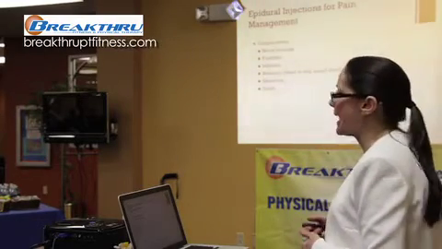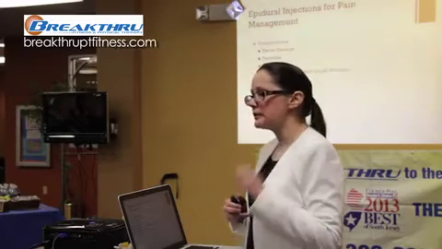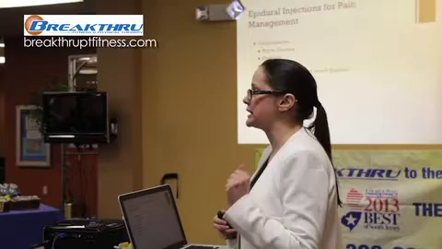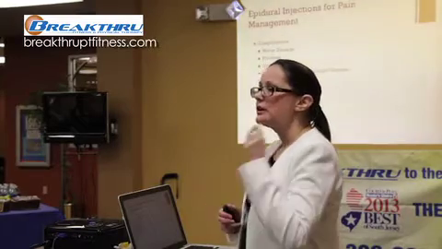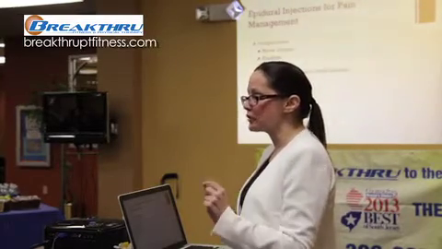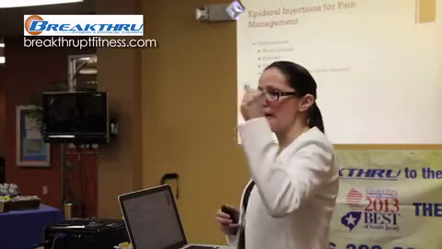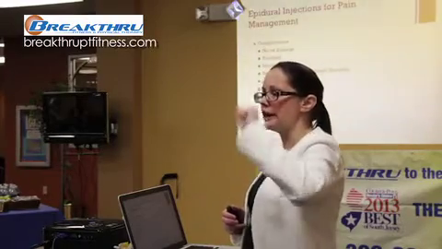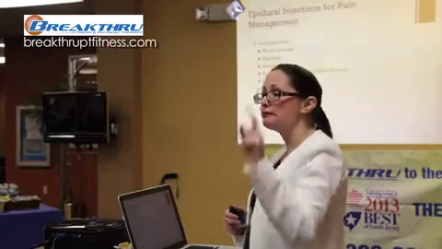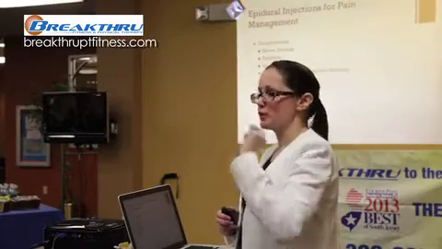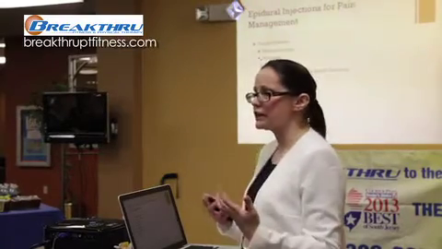When we talk about paralysis, the way people can get paralyzed from these injections is if you are inadvertently injecting into a blood vessel. If you inadvertently inject a steroid into a blood vessel, it can clog up that blood vessel, and then you no longer get blood flow to the spinal cord or to the nerves. And that's how you can become paralyzed. How do we prevent that? Well, we do it under live x-ray guidance. You're injecting some contrast dye.